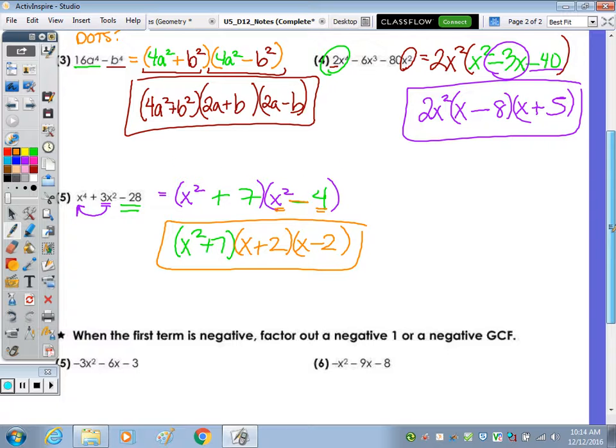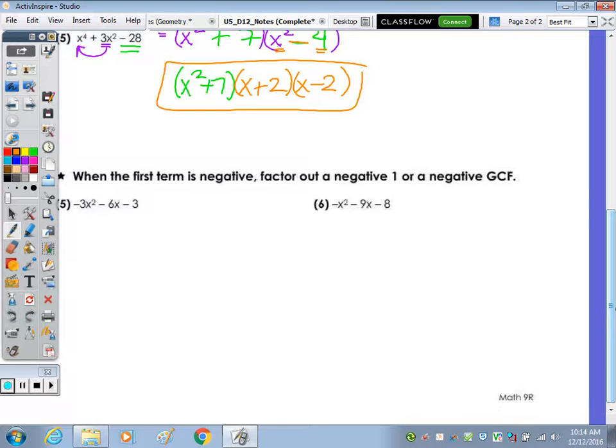And now to finish. In 5 and 6, again, the first term is negative. We have to factor out a negative 1. So let's start by doing that first in number 6. Because there is no GCF, negative x squared, minus 9x, minus 8, factor out the negative 1. It's going to change all of this to a positive.